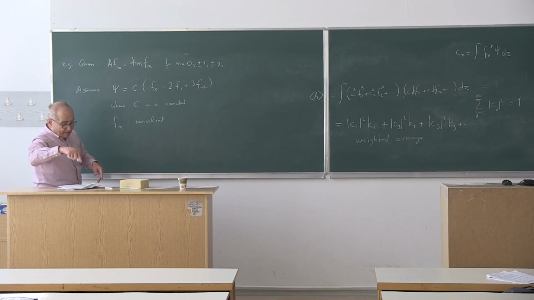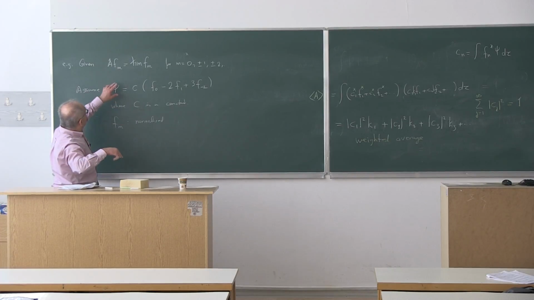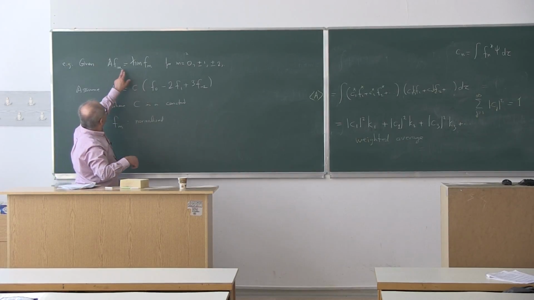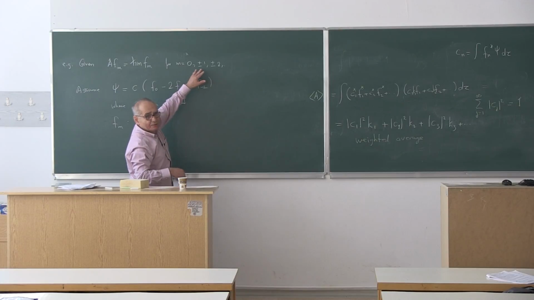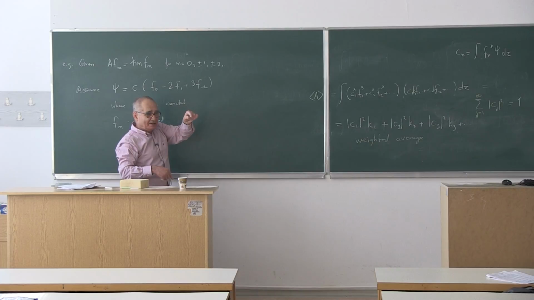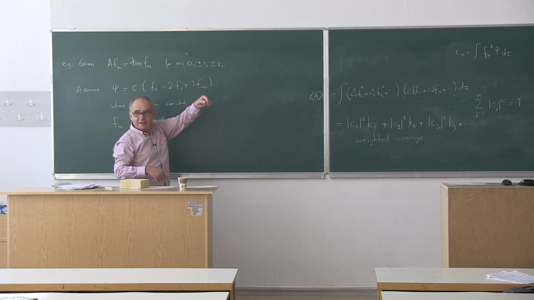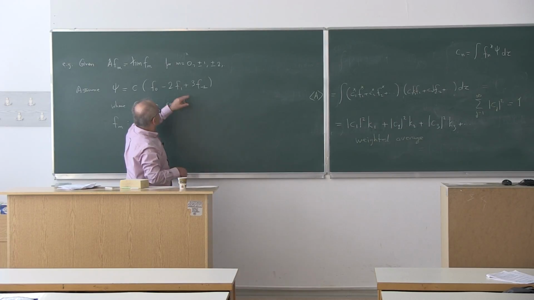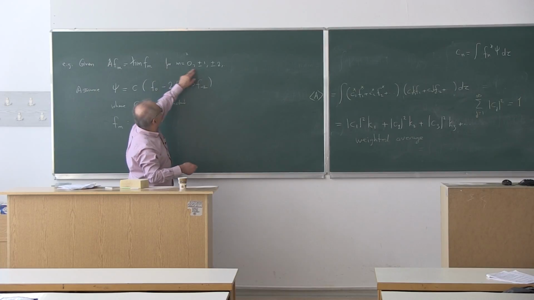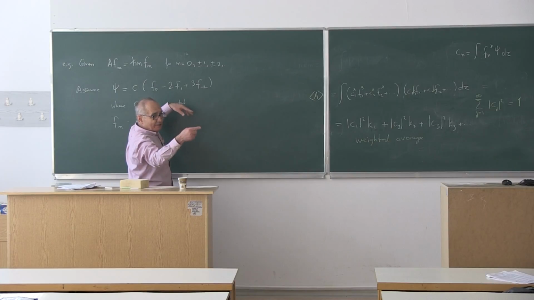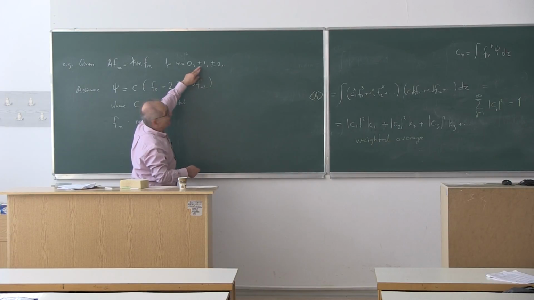Well, before stating the question, let me explain the M, which takes these values according to the given information. M is an index which is attached to the function. So f minus 2 is some function in which m is equal to minus 2. f1 is another function in which m is plus 1.